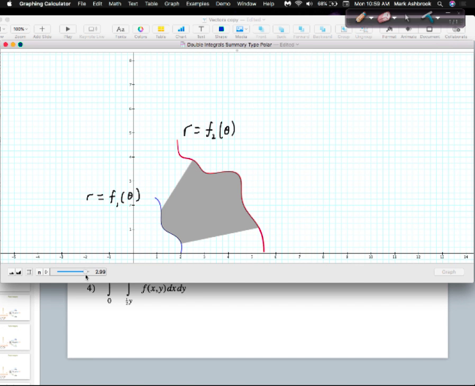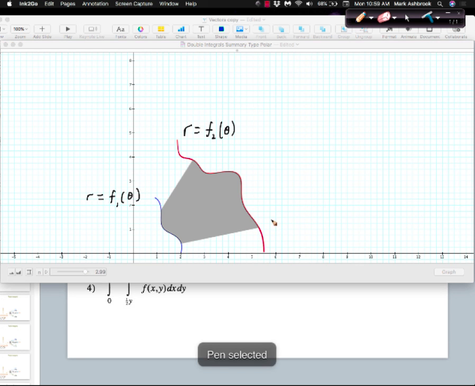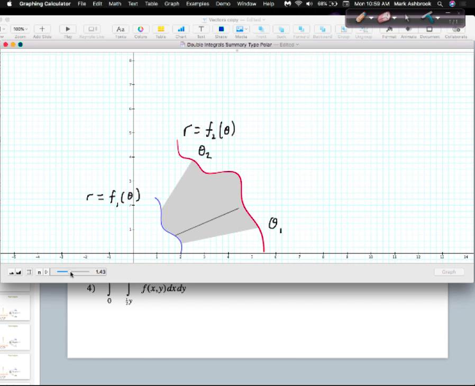Then once we get that typical accumulation for any angle, what do we do? Yeah, then we're going to accumulate all of those, starting at theta 1 and accumulating to theta 2.